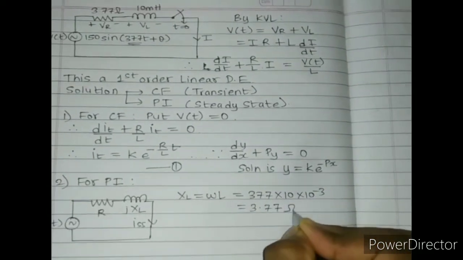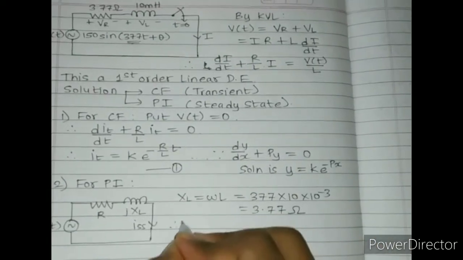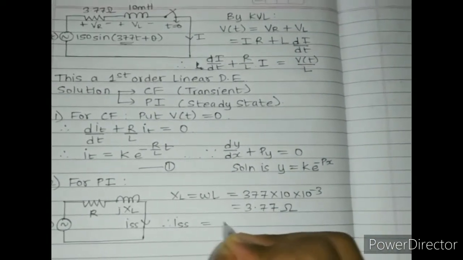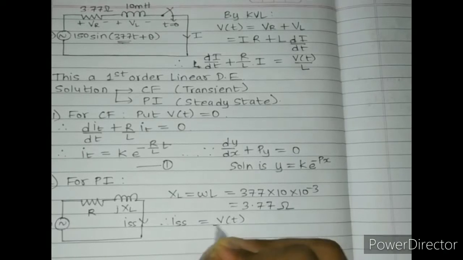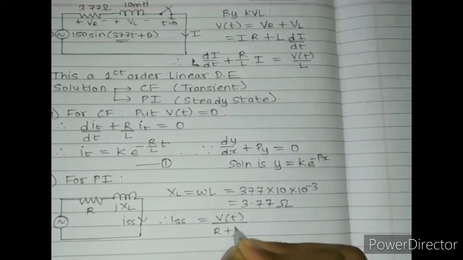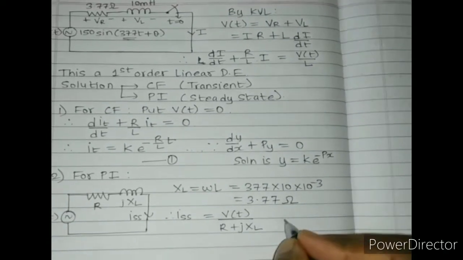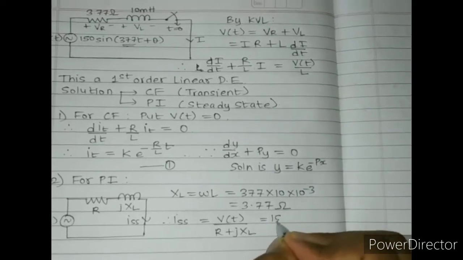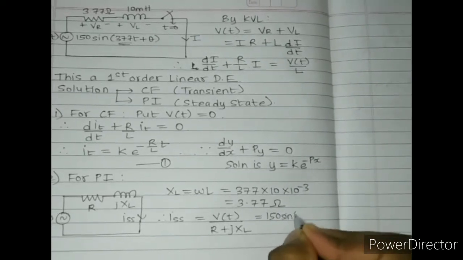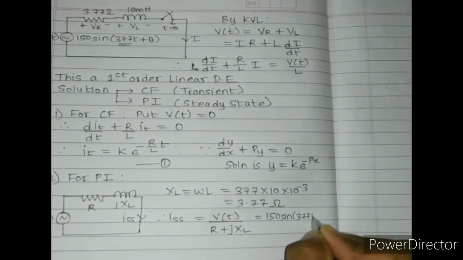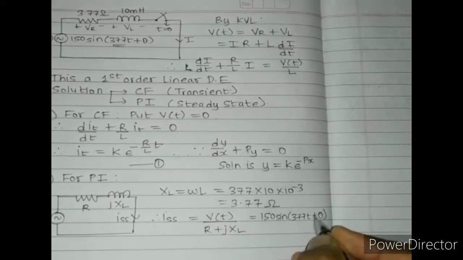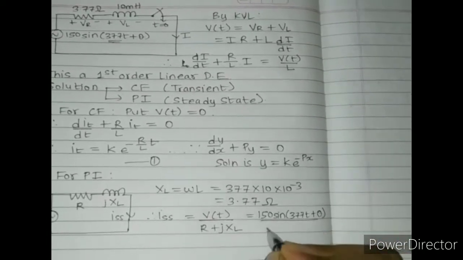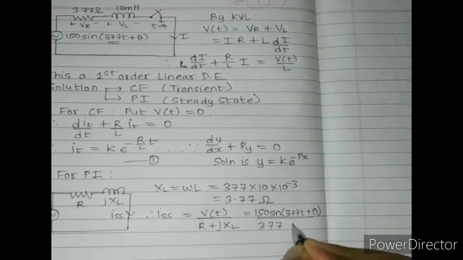Therefore, ISS is equal to V of t upon R plus jXL, which is equal to 150 sine of (377t plus theta) upon (3.77 plus j3.77).